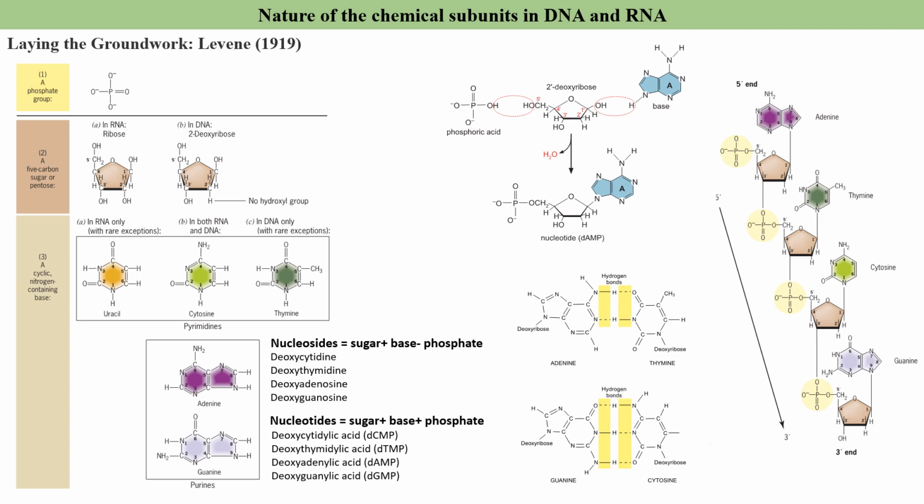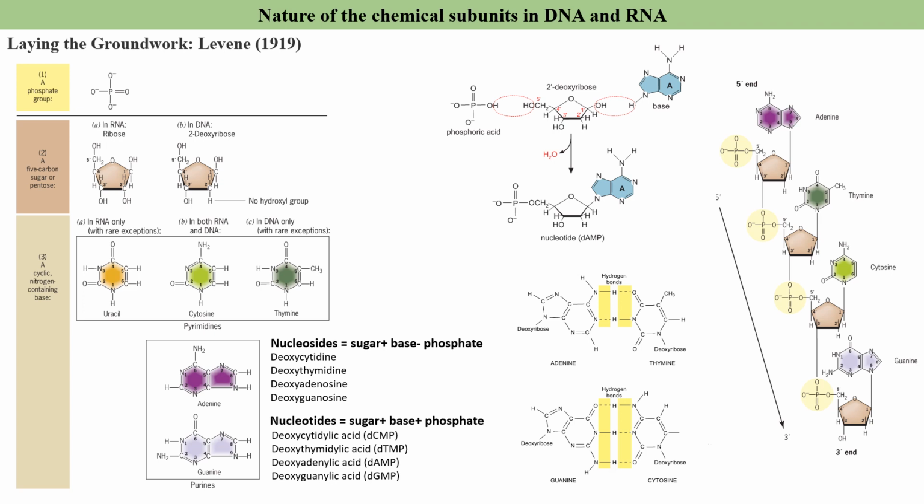That is why it is called deoxyribose and deoxyribonucleic acid. While in RNA, the hydroxyl group is present at the second carbon of the ribose sugar. So this is what makes it different from RNA.